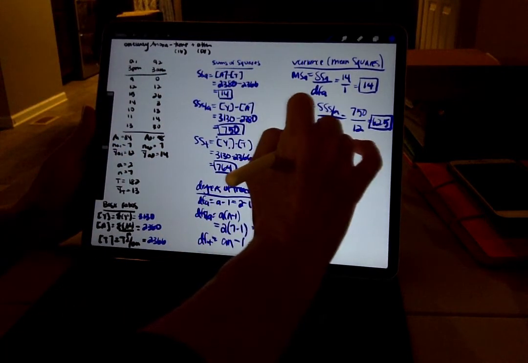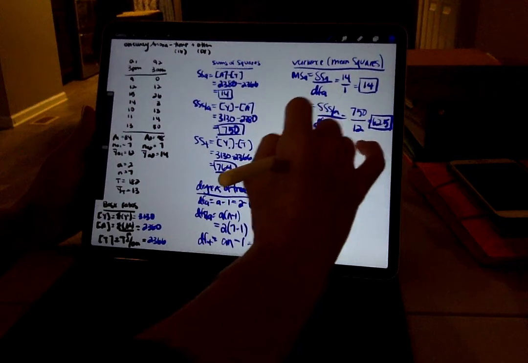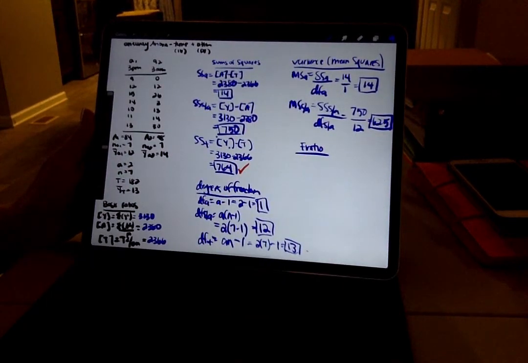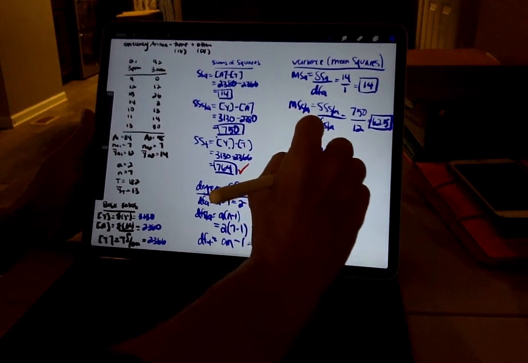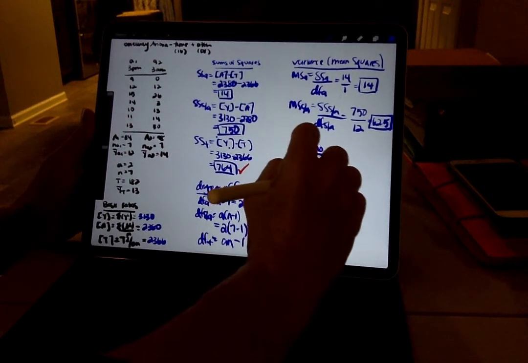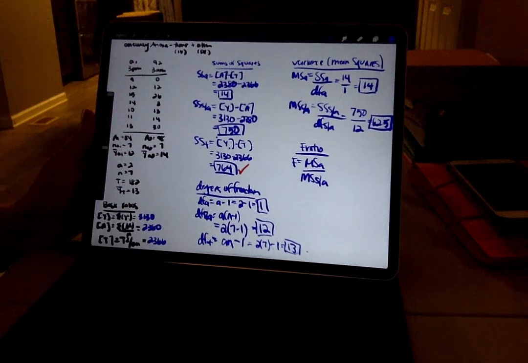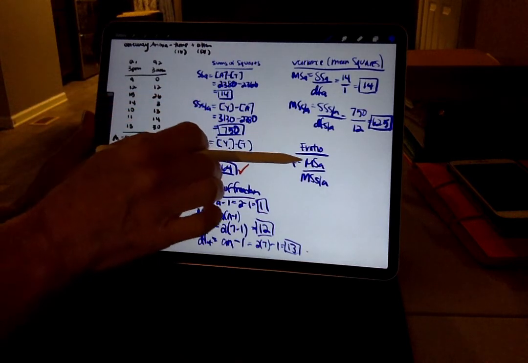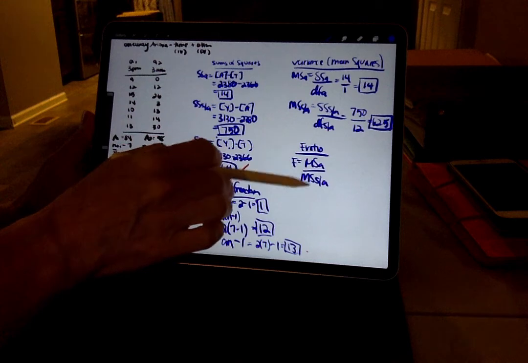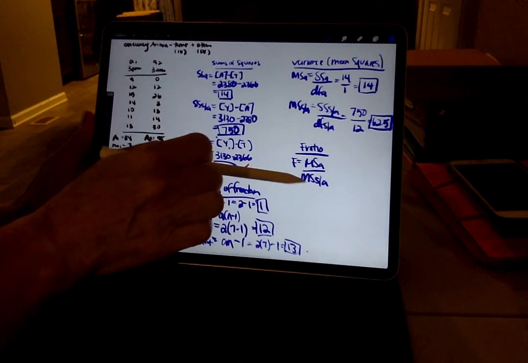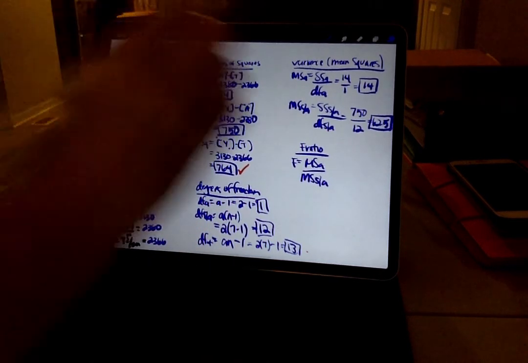This brings us to our final mathematical step, which is calculating the F ratio. And F in the one-way ANOVA is equal to the mean square A divided by the mean square S over A. And remember, the mean square A is our between subjects variance, and the mean square S over A is our within subjects variance.